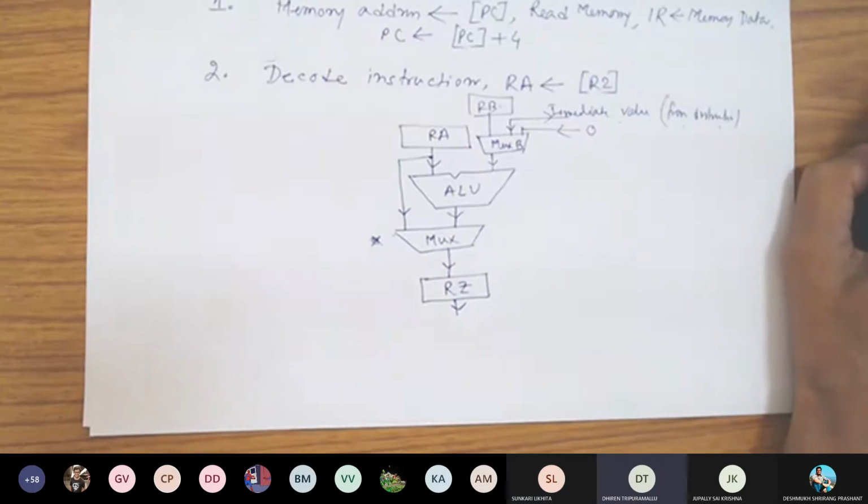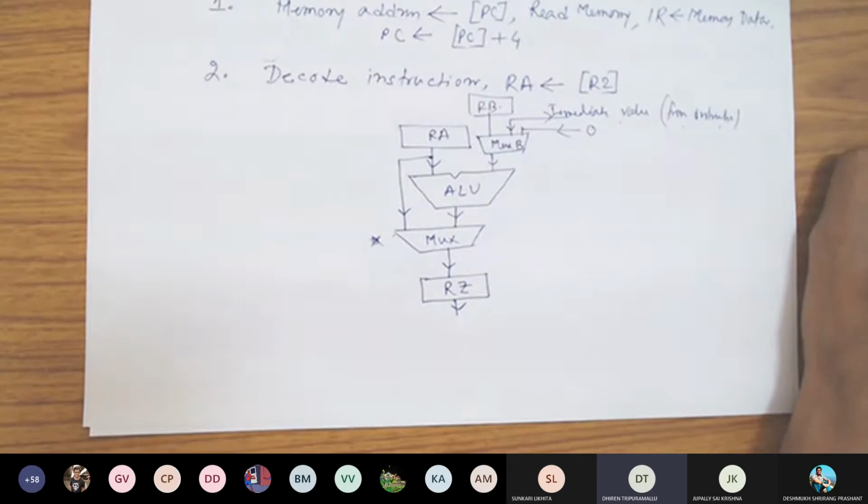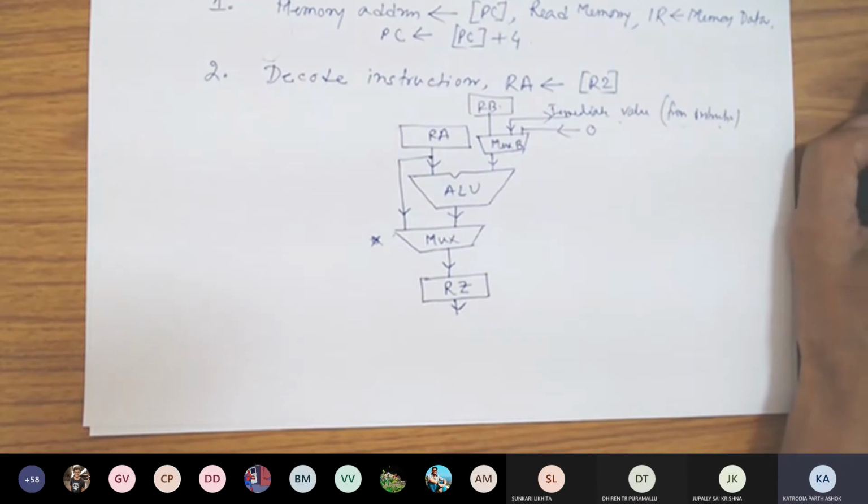Sir, this is Dhiren. Was I audible? Who is there? Dhiren, sir. Tell me your roll number. 2002, sir, 19 CS. Okay. Sir, this is Vamsi Krishna, CS28. I was muted.